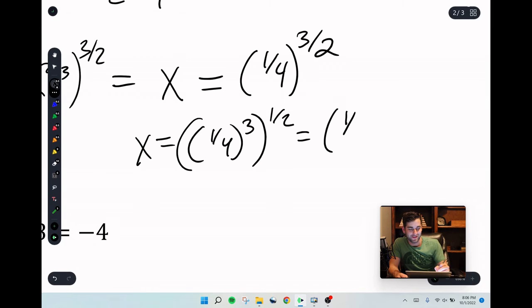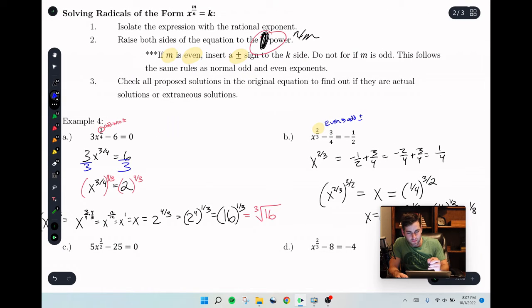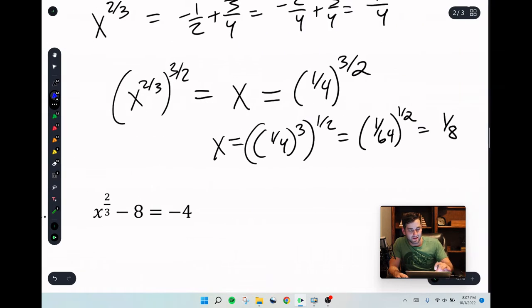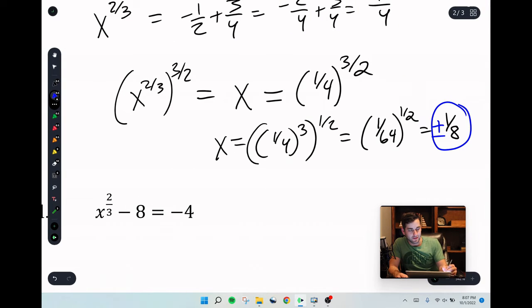If I'm wrong, send me an email or yell at me. And do we know the square root of 64? Absolutely, that's a nice one. It's 8. And what did that second step tell us to do? Insert a plus or minus sign if we had an even on the top, which we did. So we've got a solution set of -1/8 and +1/8.